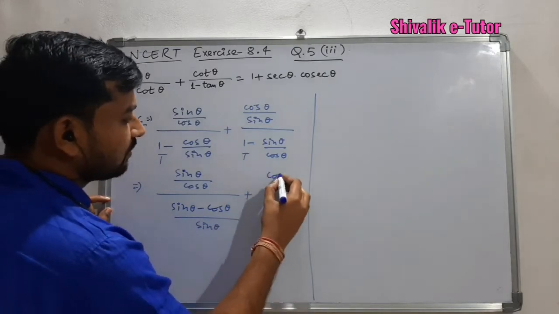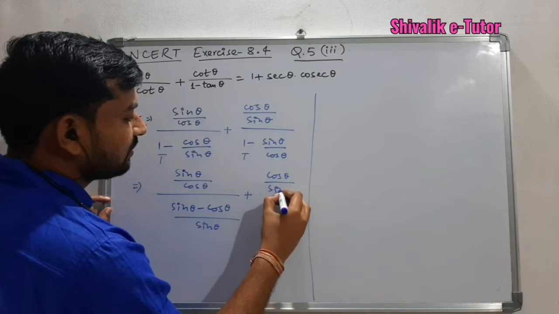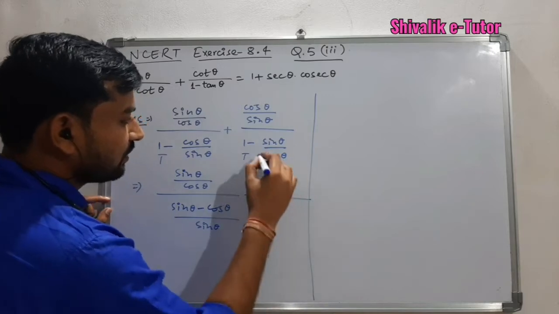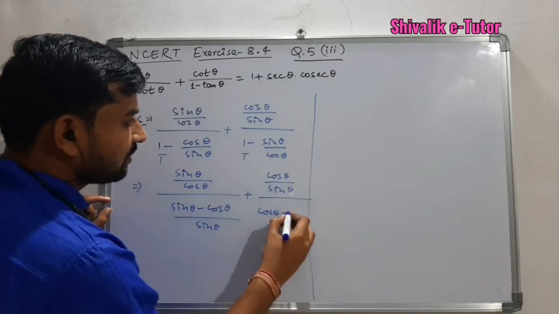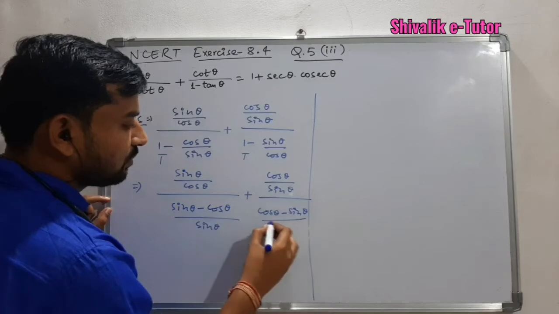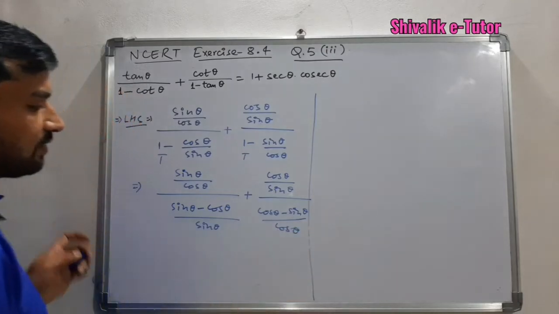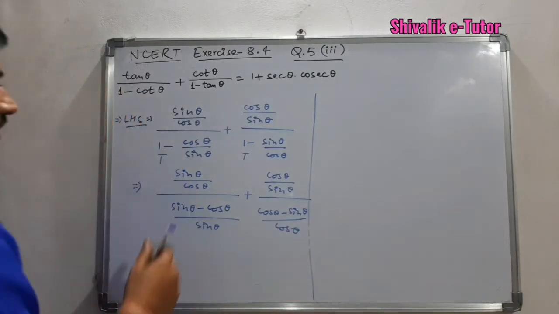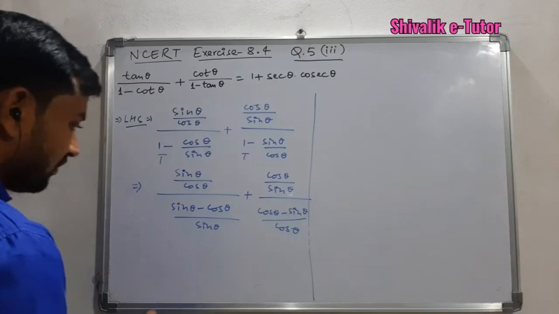Plus cos theta upon, if we take the LCM here, we will get cos theta minus sin theta upon cos theta. This is the result which we are getting by taking the LCM of the denominators.